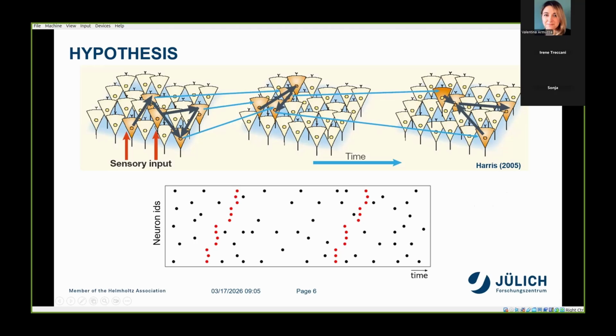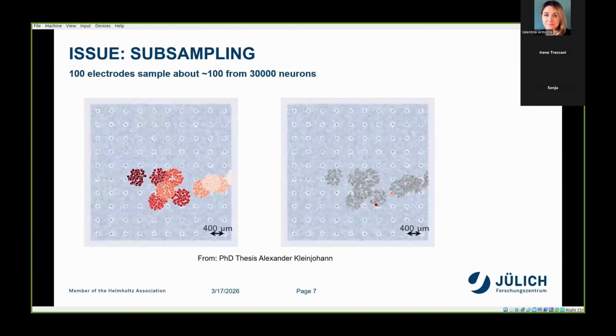Now, however, there is a small issue. When we do electrophysiology, even if we record with 100 electrodes, let's say a Utah array or others, let's assume this would be such a Utah array. Each of these little dots is an electrode.